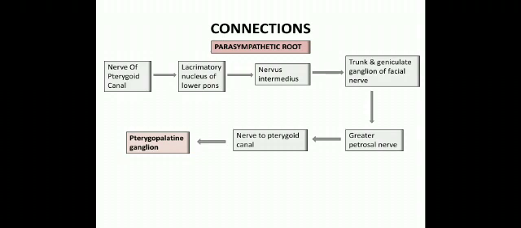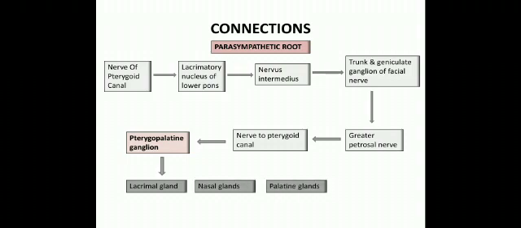The postganglionic secretomotor fibers supply the lacrimal gland, the nasal glands, the palatine glands and the pharyngeal glands.